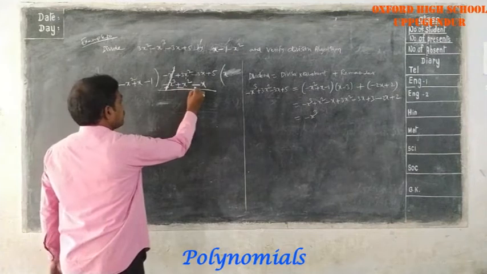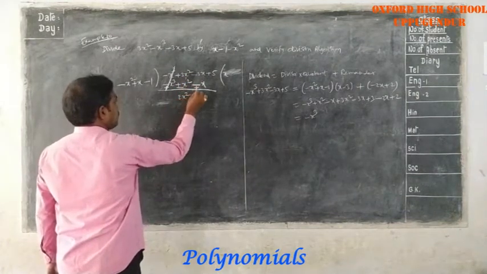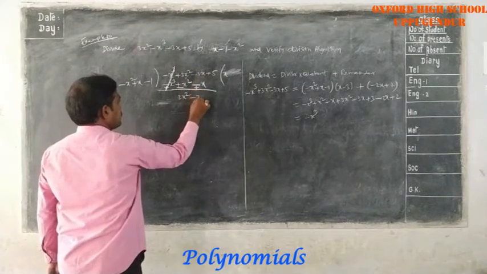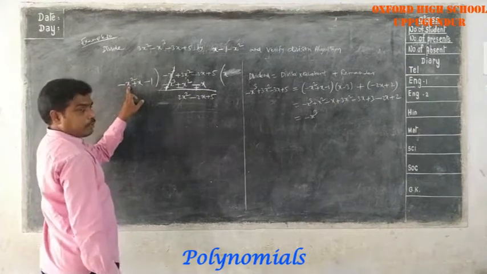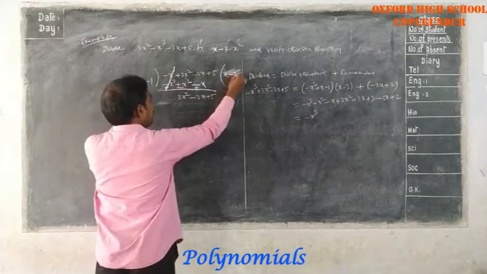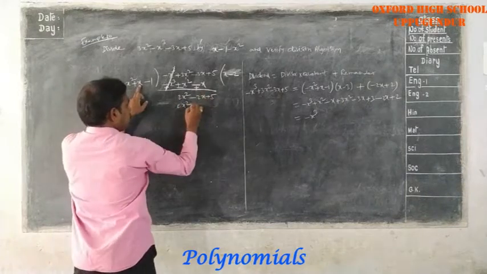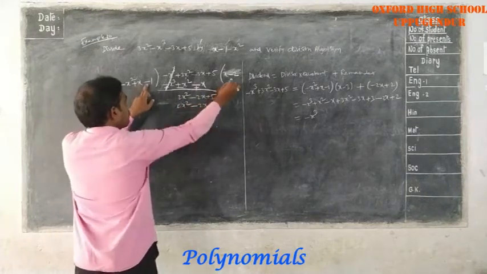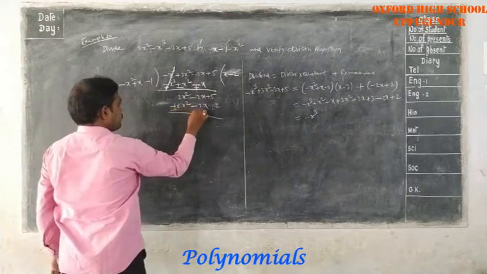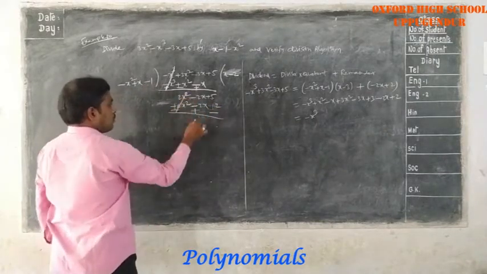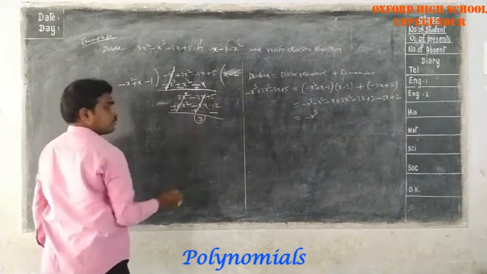So plus becomes minus, minus becomes plus. 3x square minus x square, 2x square, minus 3x plus x, minus 2x, plus 5. Again 2x square by minus x square, you will get minus 2. So 2x square you will get x into minus 2, minus 2x, minus 1 into minus 2, plus 2. Now subtracting this, you will get plus 2x minus 2x cancel, plus 5 minus 2, 3 is the remainder.